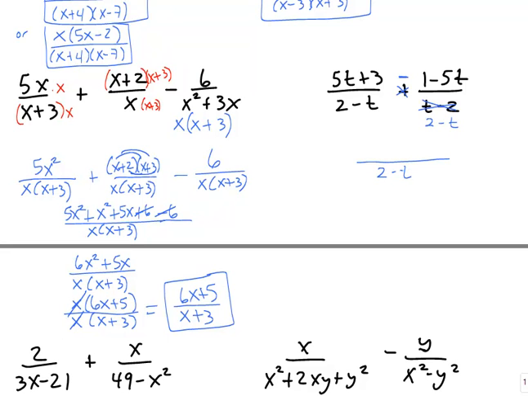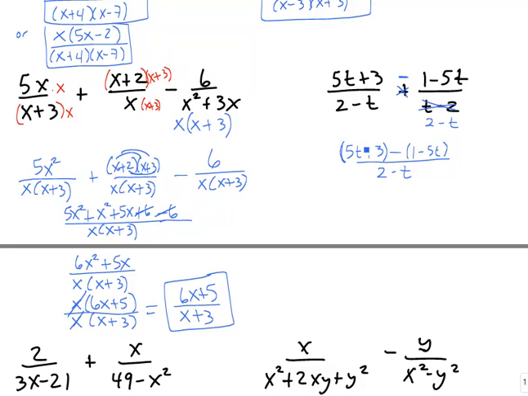It's 2 minus t. So if I consolidate these two fractions, the numerator on top for the first fraction is 5t plus 3. The numerator on the second one is 1 minus 5t, and here's where you need to be careful. We want to subtract these two numerators, but we want to subtract the entire second numerator from the entire first numerator.